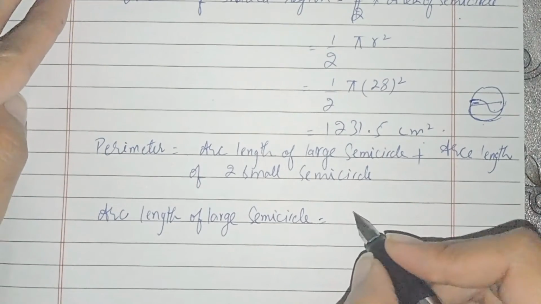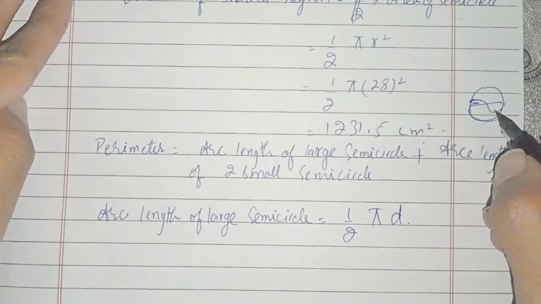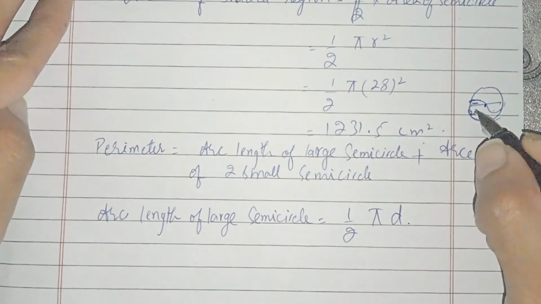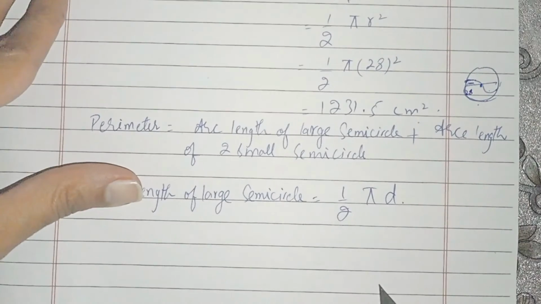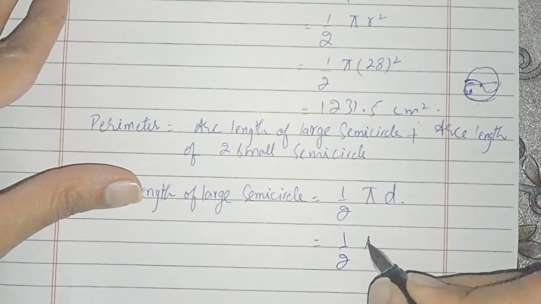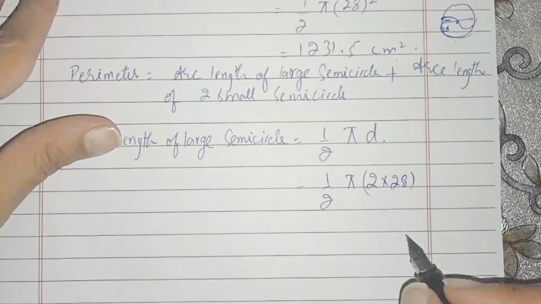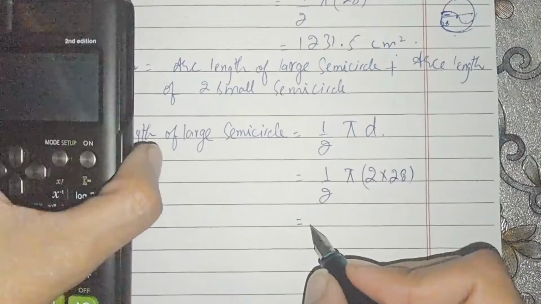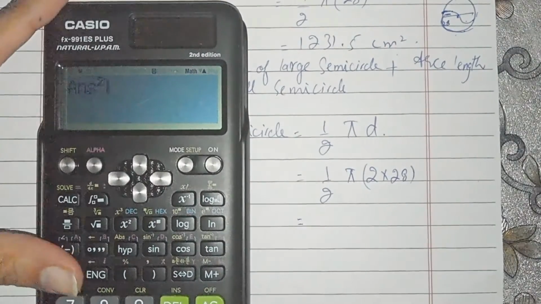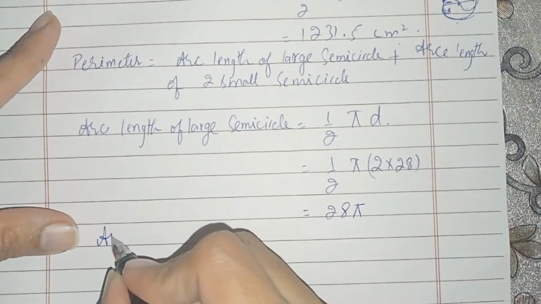The formula is 1 by 2 pi d, and the radius is given to us, which is 28, and we multiply by 2 and we get the diameter. Pi multiplied by 2 times 28, and by solving it we get 28 pi.